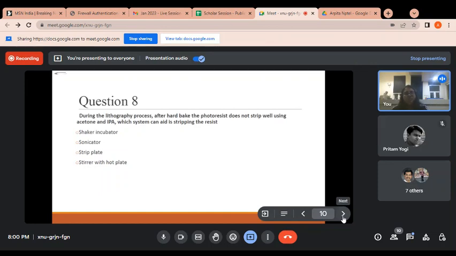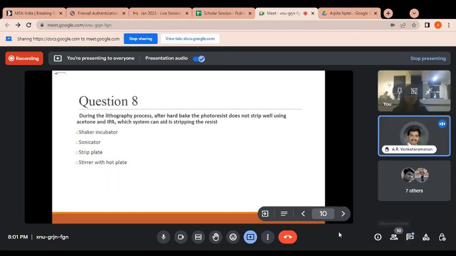So the right option is the sonicator. Yes. I say it as triplet, but you say it as sonicator. Yes, not a strip plate, it is sonicator.